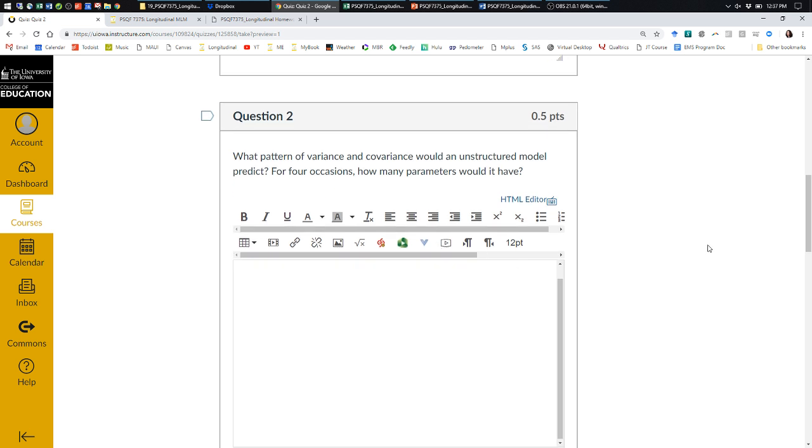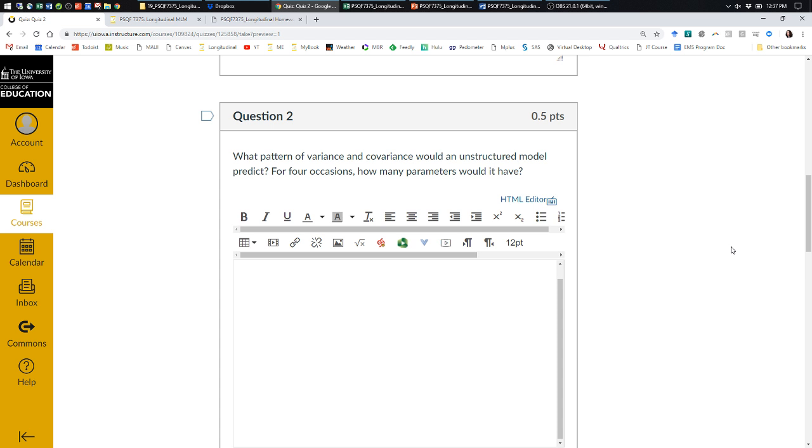The other one, what is the pattern of variance and covariance that an unstructured model would predict? Kind of a trick question in the way it's worded, but not really. Is there a pattern?